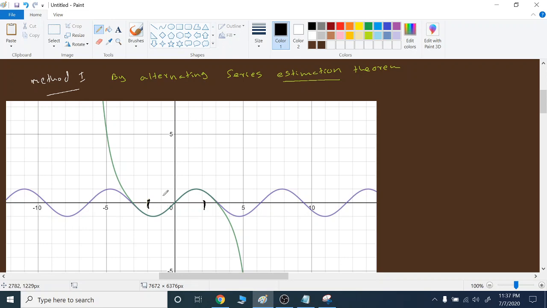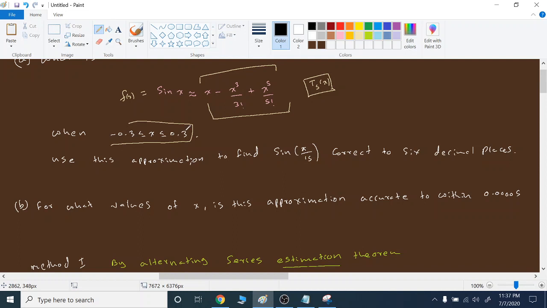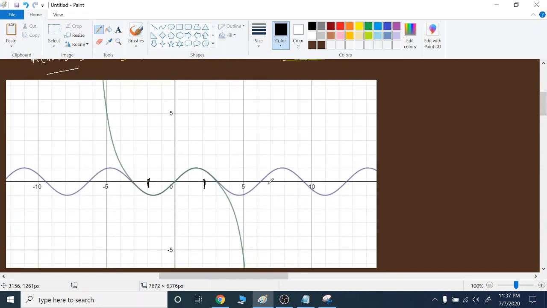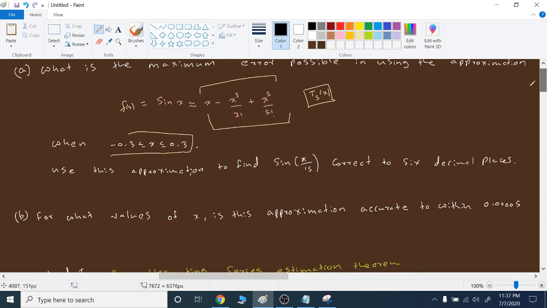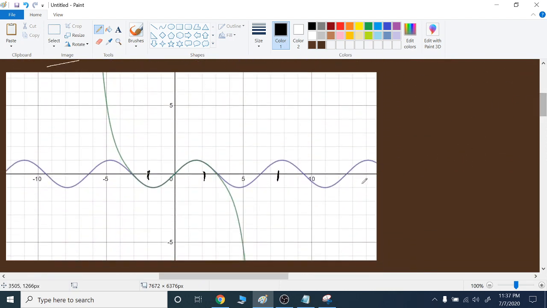So it makes sense to use this approximation in order to calculate the function values within this region. But it's not good to approximate values somewhere here through this fifth degree Taylor polynomial, right?